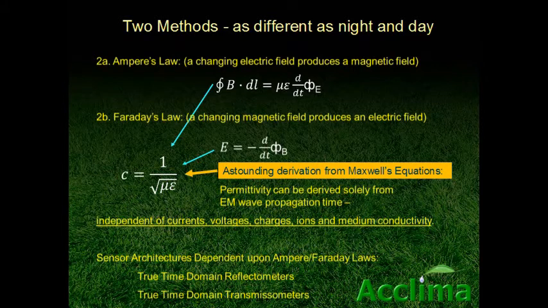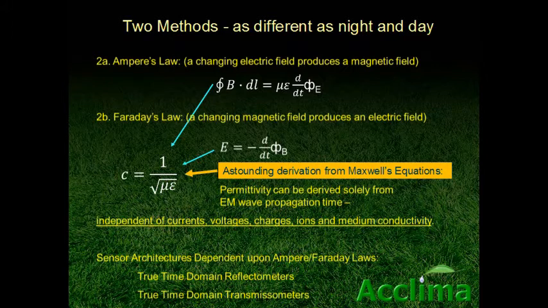The second principle wherein permittivity is manifest is in electromagnetic wave propagation. EM propagation is based in Ampere's law and Faraday's law. By combining these two laws, we can derive this astoundingly simple relationship, which is that EM wave propagation is a function only of permittivity and magnetic permeability.